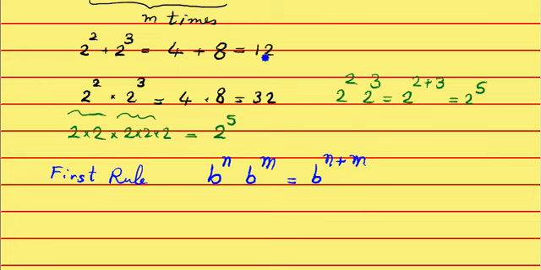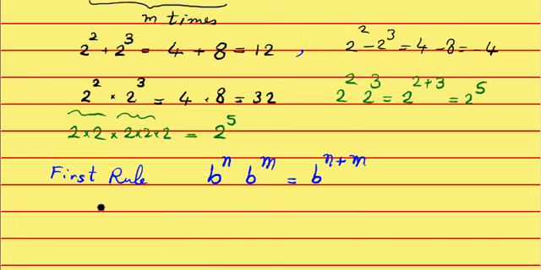Addition and subtraction are not very interesting. For example, if you have 2 squared minus 2 cubed, that would be 4 minus 8, which is minus 4. We don't have much to say about addition and subtraction here. You could do some factorization, but that's not the point right now.